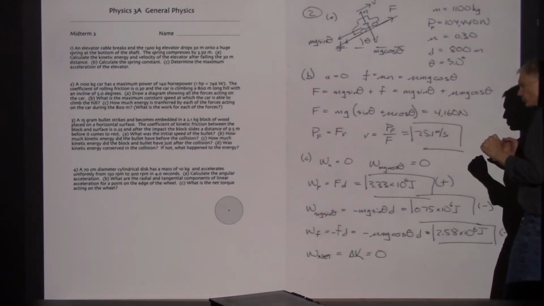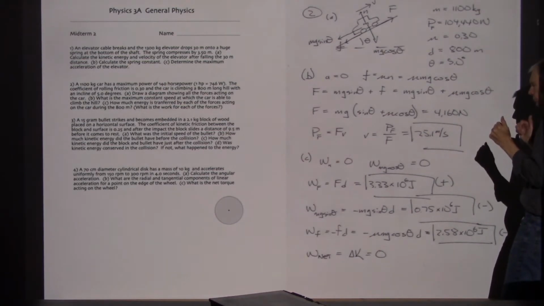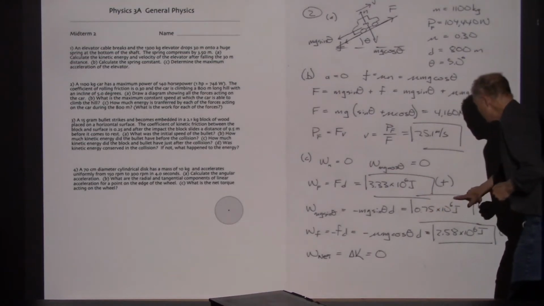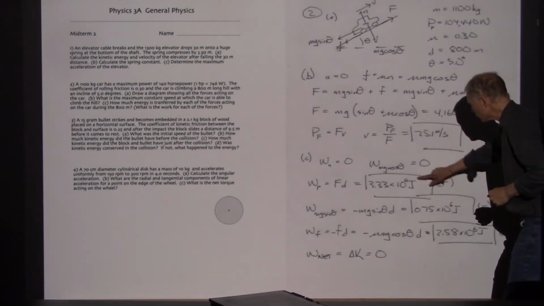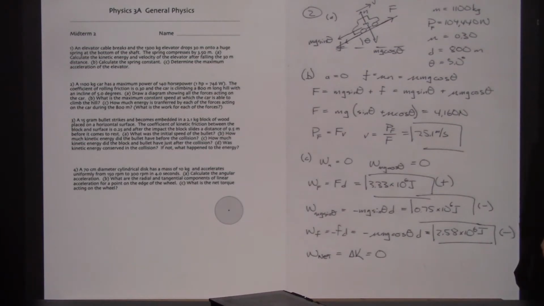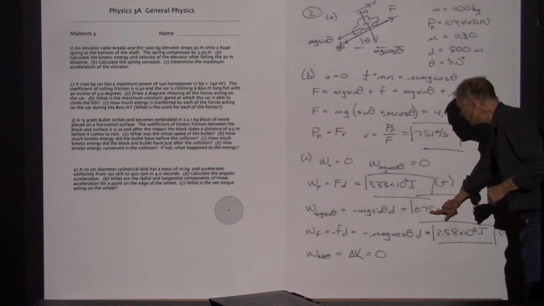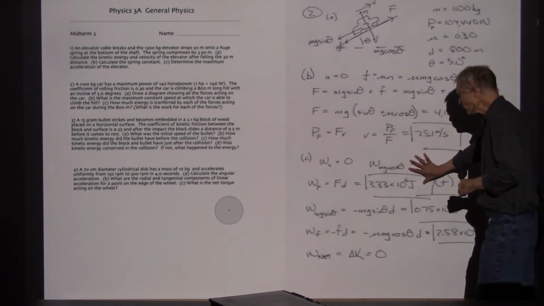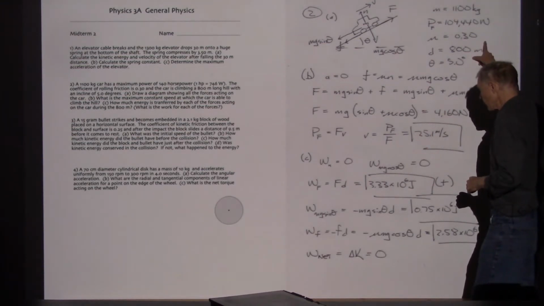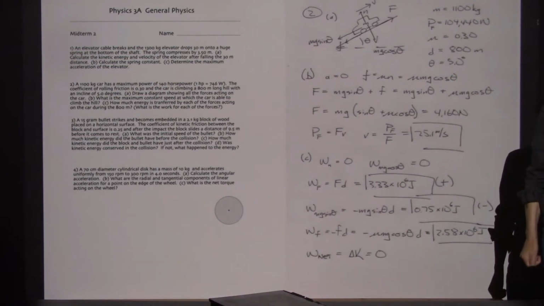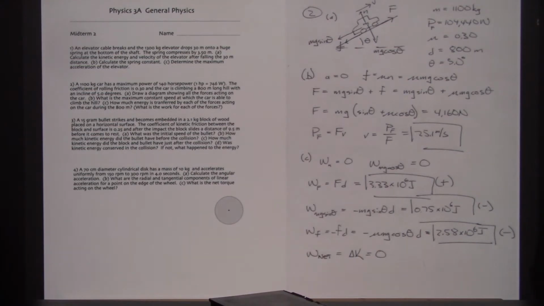Anyway, the amount of energy taken out by the gravitational force is 0.75 million. Now, I did everything in terms of millions so that I could do an easier comparison with the energy transfers, is the idea. So again, 0.75 versus 3.33. So I put all this energy in, that's coming from the engine in the car. This much is being taken out by gravity, and that's because I'm climbing the hill.